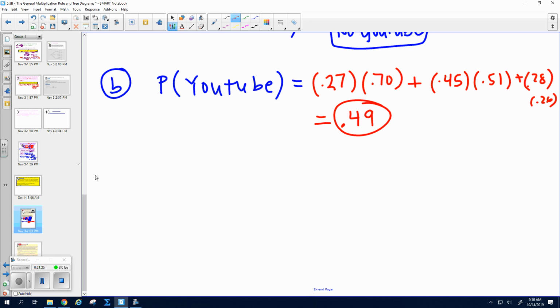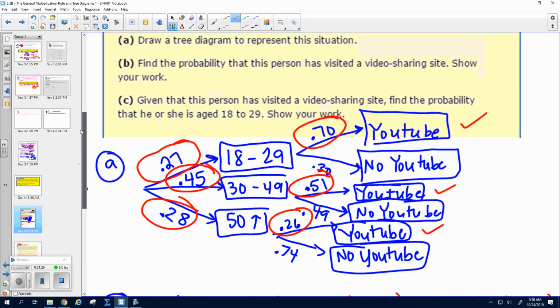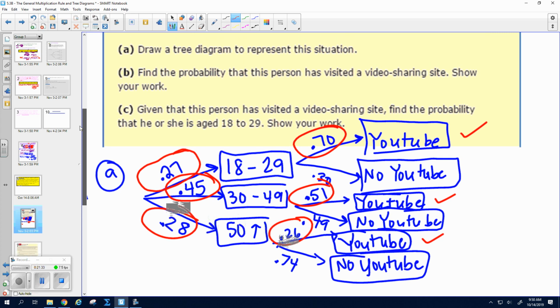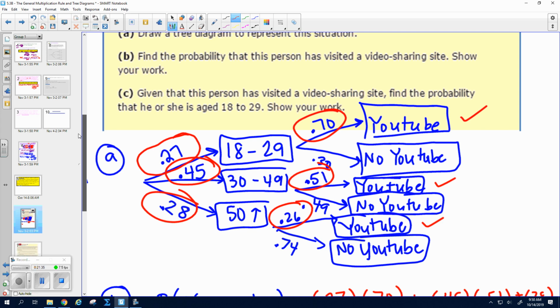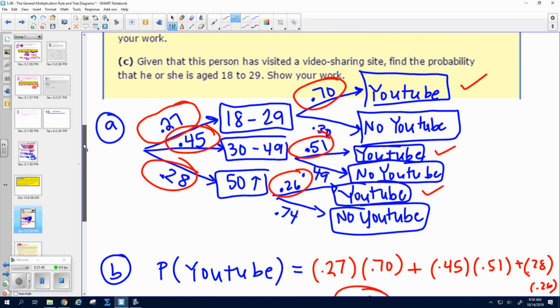All right, part C. Given that this person has visited YouTube, find the probability that he or she is age 18 to 29. So this is a given statement. And I want you guys to try and set it up. So what goes where?